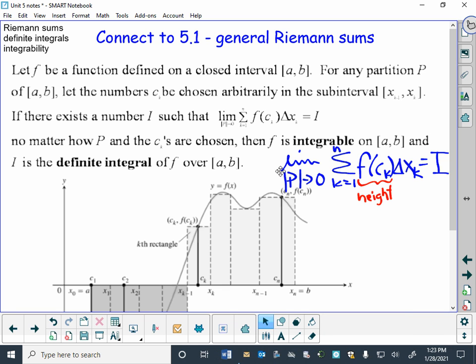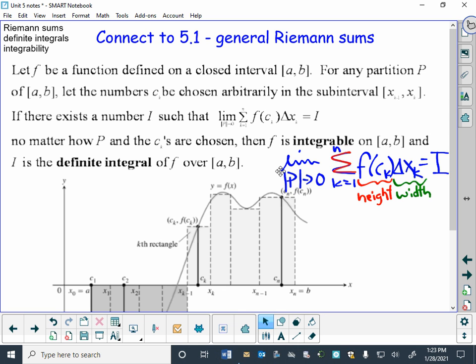And then we have delta x sub k, which is the width of that rectangle. So it's still about adding up areas of rectangles. In fact, that's what this symbol here means. This is the Greek letter capital sigma, and in math it means that you are summing, you are adding things up. And what are the things that we're adding together? Well, we're adding these rectangles that have been made on here.